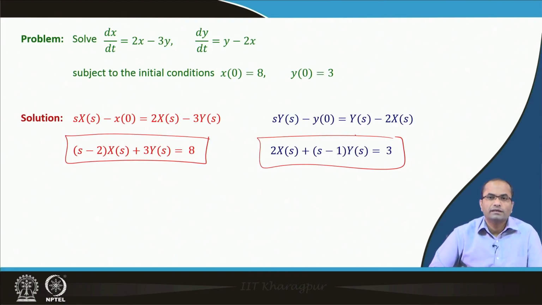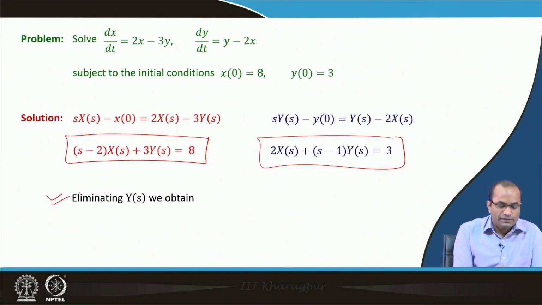So, we eliminate one variable, either x or y, and then we will get one expression for our x s, and in this different situation, for instance, if we eliminate x s, then we will get function y s in terms of s.